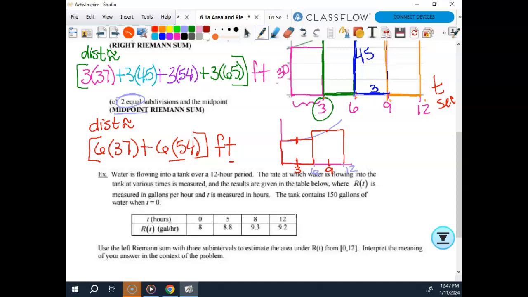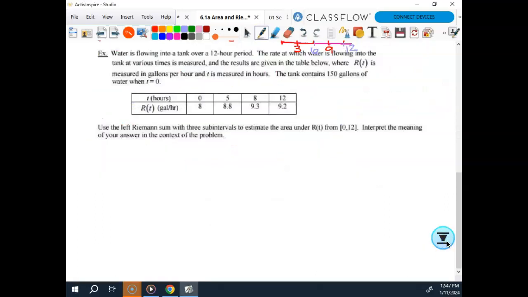Okay. And let's look at this one then. So water is flowing into a tank. I didn't print this out, so we're going to wing this here then. All right, water is flowing into a tank over a 12-hour period. The rate at which the water is flowing into the tank at various times is measured, and the results are given in the table below.